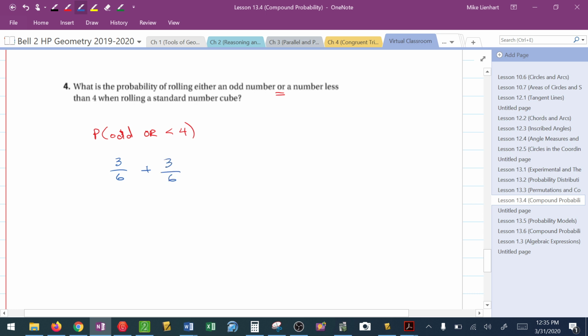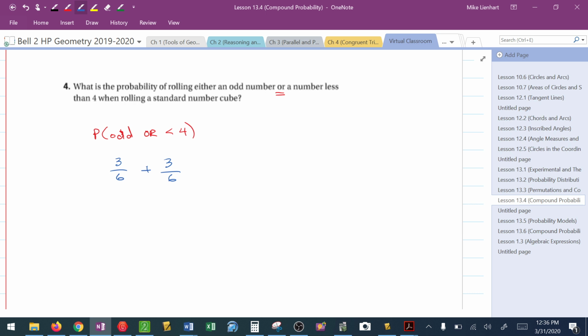Now, if I just stop right there, guys, look at this. This is saying that there's a 100% chance that it's either going to be odd or less than 4. What about the number 4 or the number 6 when I roll a number cube? If I say that the percent is 100% here, then I'm saying when I roll a number cube, I could never get a 4 or a 6. That doesn't make sense.